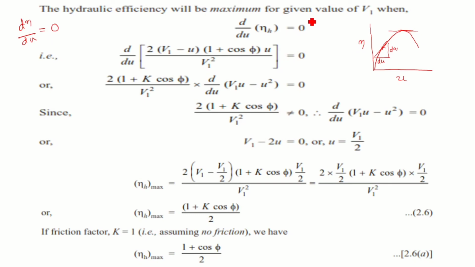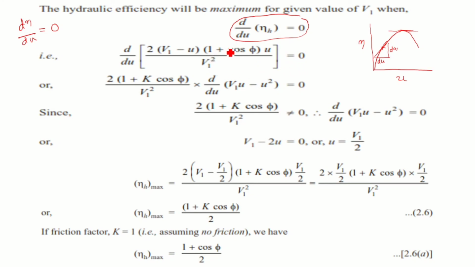So the condition for maximum efficiency is d efficiency divided by du is equal to 0. Substituting the value of hydraulic efficiency, the expression becomes 2 into V1 minus u into 1 plus cos phi into u by V1 square is equal to 0.